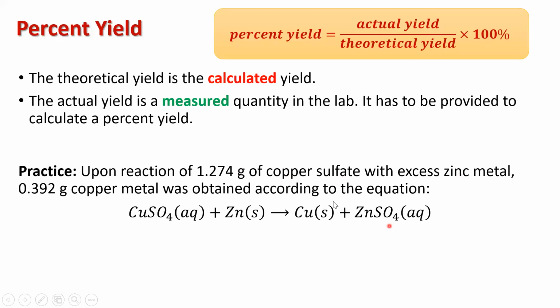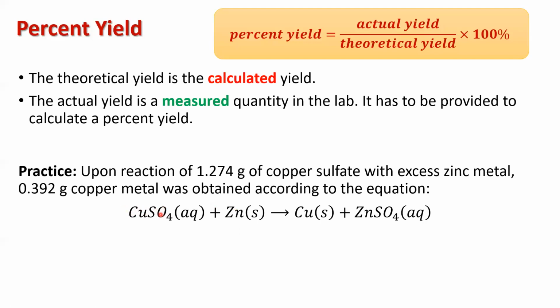So here's our reaction. We've got copper sulfate reacting with zinc to produce copper and zinc sulfate. Now we're given the amount of copper sulfate, so we're given this number. It says we have excess zinc. The only reason it says that is because then we know that all of this copper sulfate reacts.